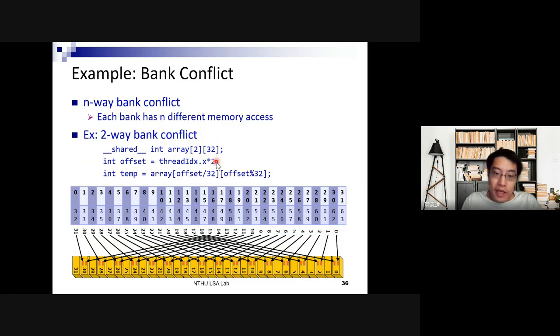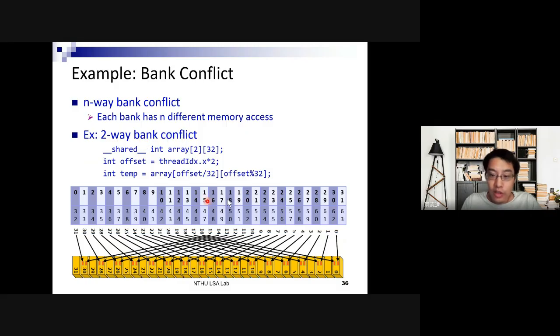When we write this, unfortunately, the way we write it will cause a two-way bank conflict. That means for every bank there are two threads accessing it at the same time. So that's why it's called a two-way bank conflict.